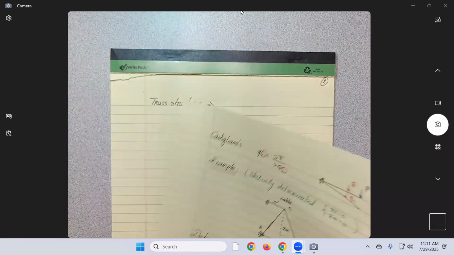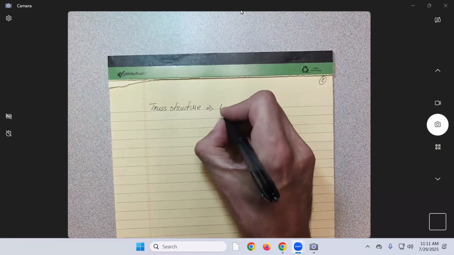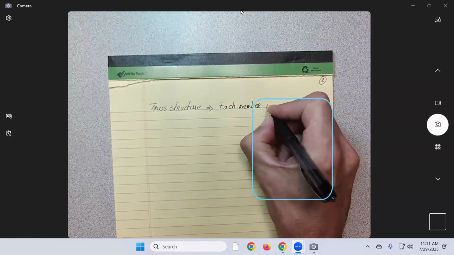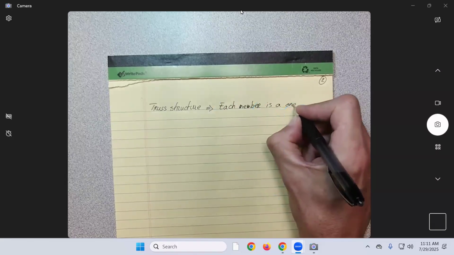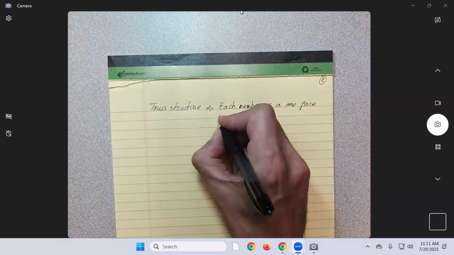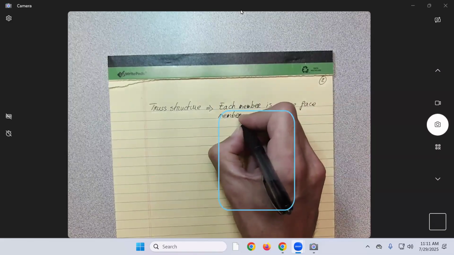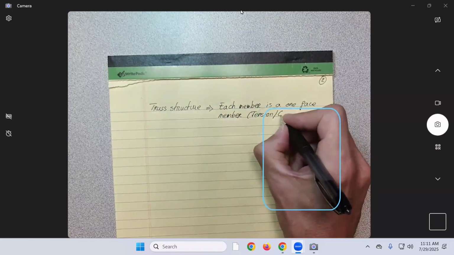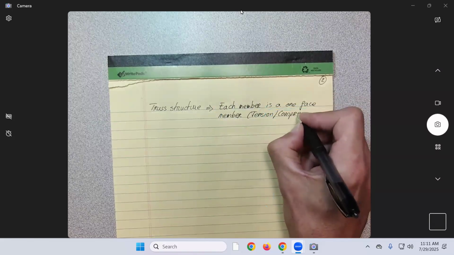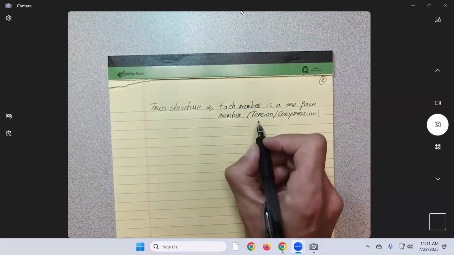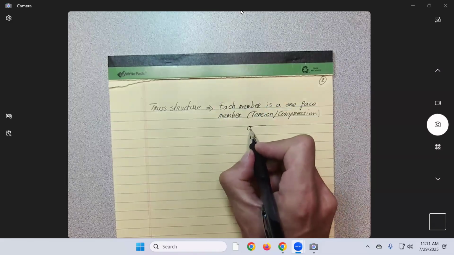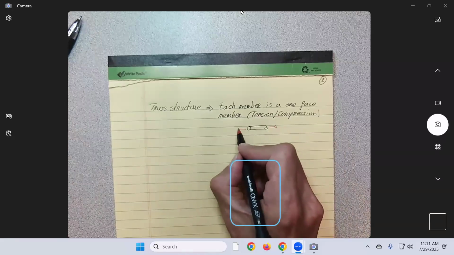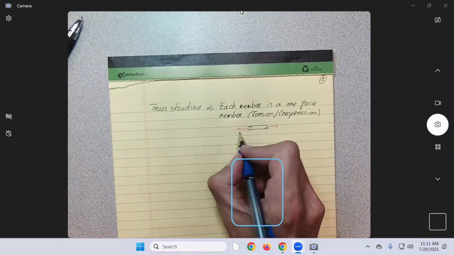So you will say truss structure, each member is a two-force member, meaning that it can either be in tension or compression. So each one of those members, let's say they are rods, is going to be in tension or compression. Let's say I put it here in tension, or it could be just compression.